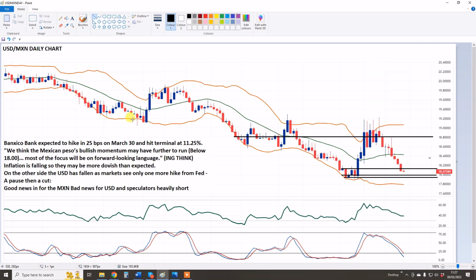And maybe we could run on up to the 19 level longer term, okay? So the 19 level. So yeah, I don't think the risk to reward is looking for a short trade.